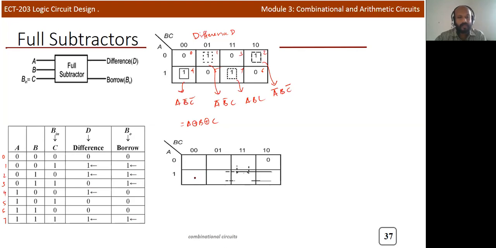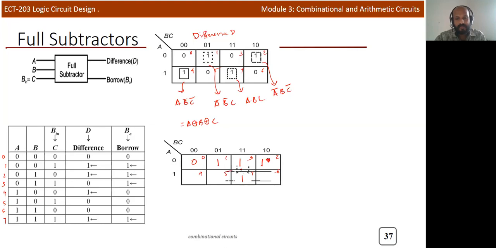Now we look at the other part, the borrow portion. Here you can set 0 for the first case, and for 0, 1, 2, 3, 4, 5, 6, and 7, borrow is equal to 1 for 1, for 2, for 3, and finally for 7.